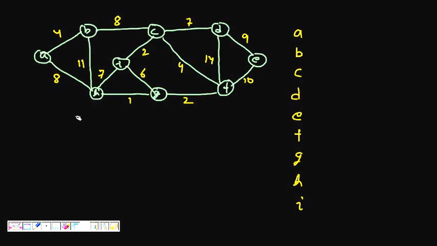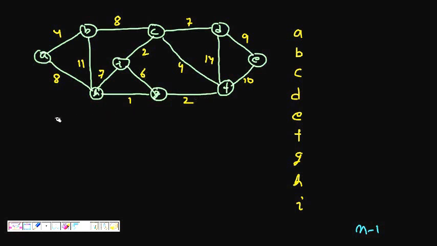So first thing is we should sort the edges and choose the edges. We have to choose n minus 1 edges. So let's start with the smallest edge whose weight is the lowest. Let's sort the edges. So 2 is there, 1 is there. Let's assume that we sort.